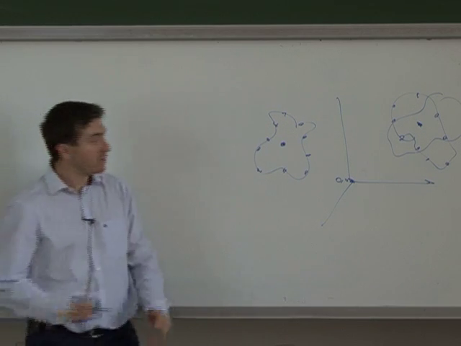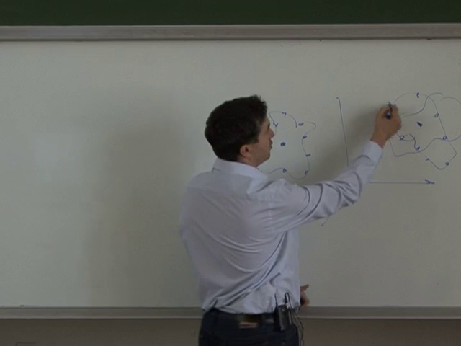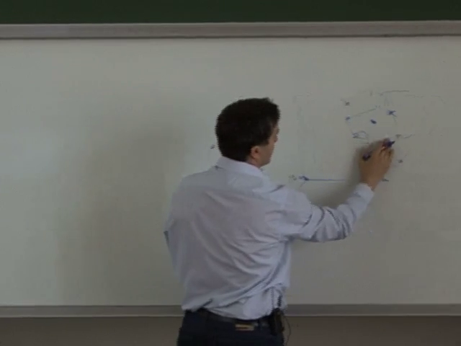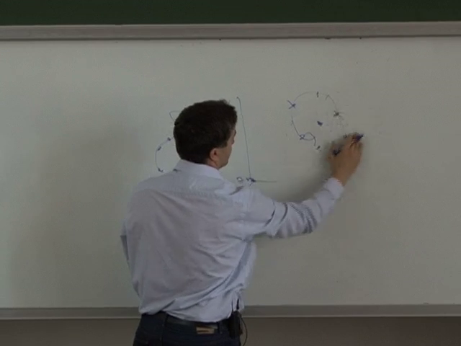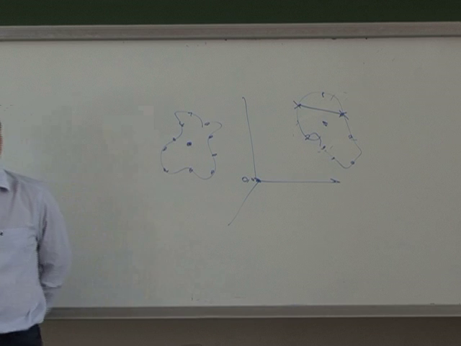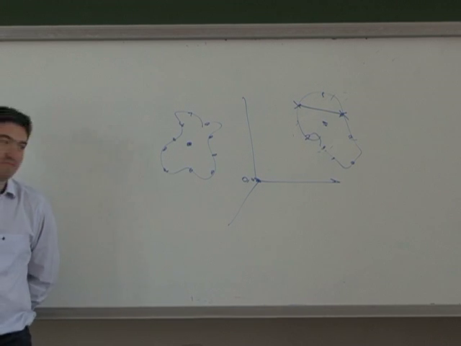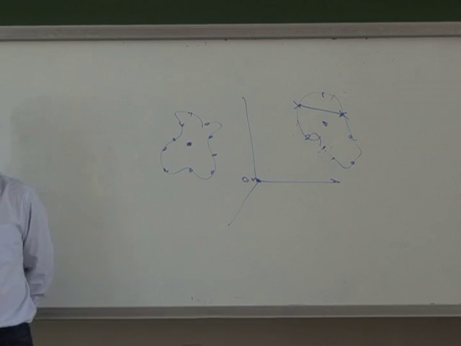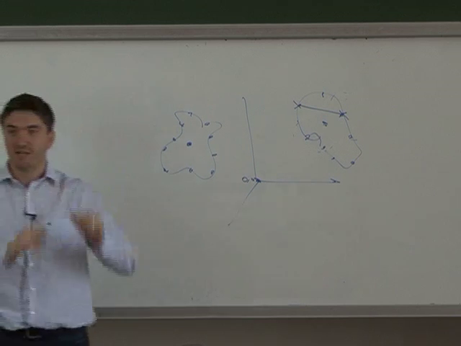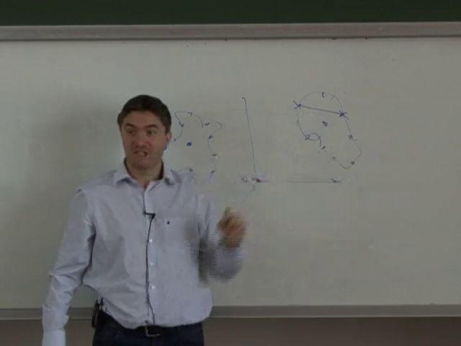But look at, for example, these two amino acids on this protein structure, and look at the distance between them. If I rotate this protein structure and change its position, is this distance going to change? No, because it's a rigid body. We are not going to deform it. So this distance is going to be fixed.